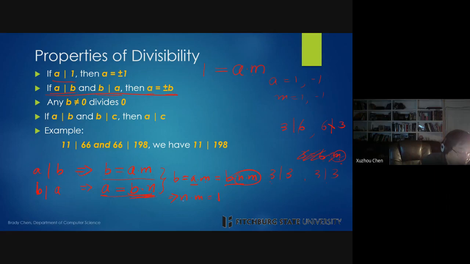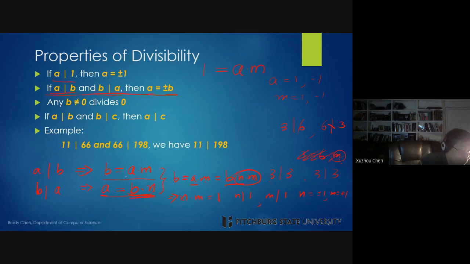If N times M has to be 1, that means N divides 1 and M divides 1. Now if anything divides 1, that means N equals plus or minus 1 and M equals plus or minus 1.